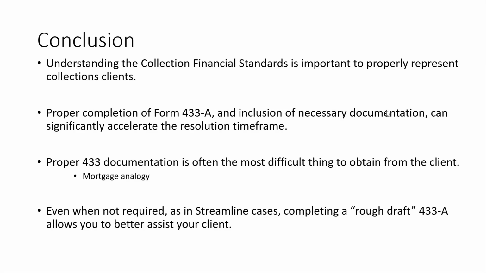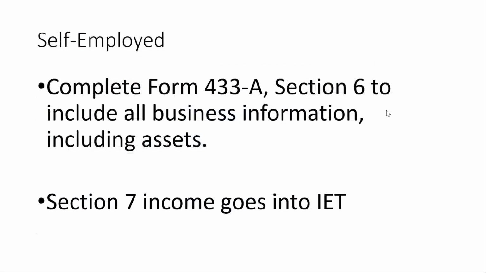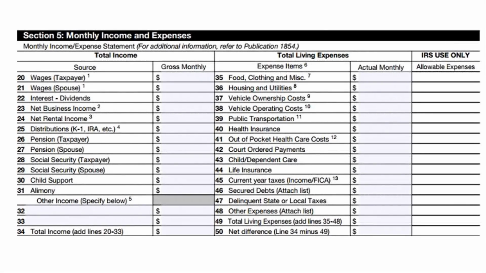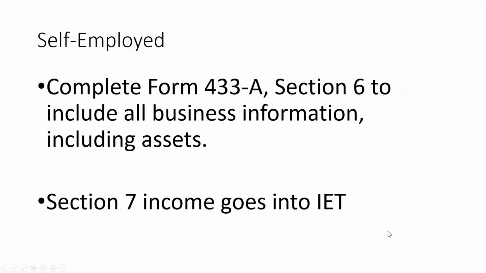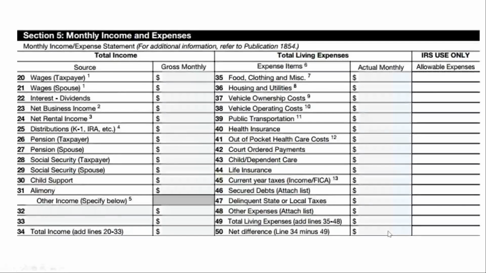If it's an individual tax debt, start with the 433A because the math will tell you what resolution options are available to the client, okay? Because, and we'll talk about this in the exercise, this line 50, if this is a negative number, they're probably a CNC candidate, okay? If this is a positive number, if there's money left over, they're probably going to be on a payment plan, okay?